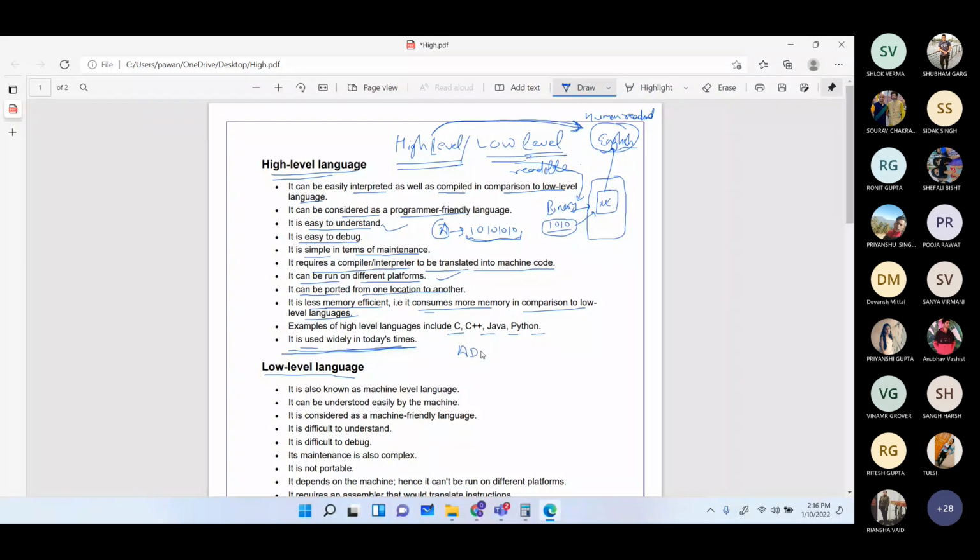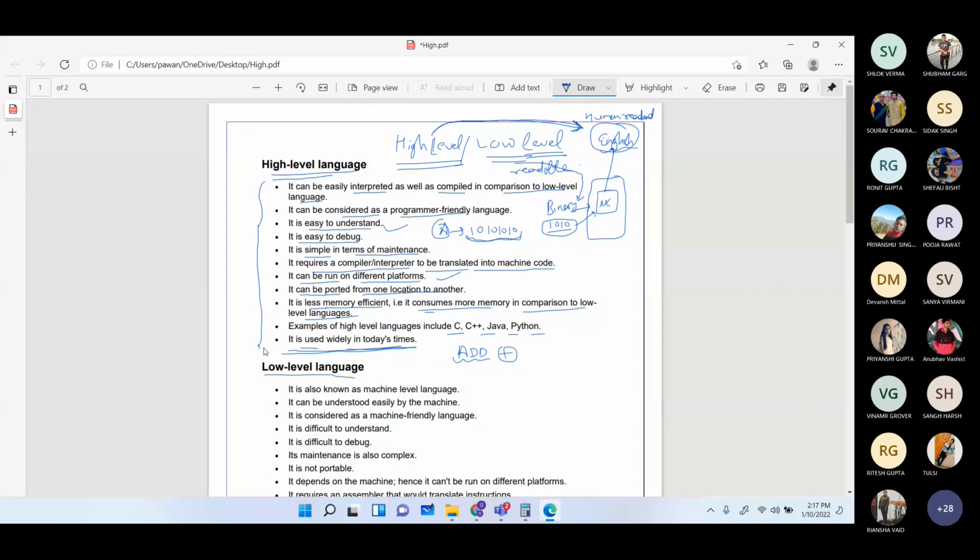If I write add, this is a quite easy word in arithmetic, which means addition of two numbers. In English it has the meaning addition, and in the program also add means addition. When we write add, the machine can understand that we have to add the numbers. So this is all about the high level language. I think it is very easy.